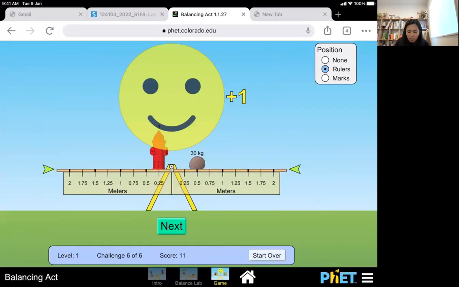For the weight force, multiply that with the lever arm, 0.25, will give you, that's multiplying by 4, so that will be 150 newton meters. Okay. And 30 kilograms is 300 newtons times 0.5, which will also give you 150 newton meters. Okay.